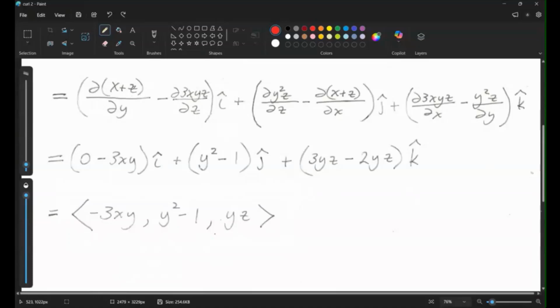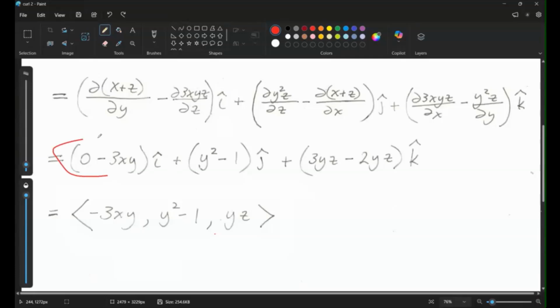So x plus z with respect to y is going to be 0. 3xyz with respect to z is 3xy. Y squared z with respect to z is y squared. X plus z with respect to x would be 1. 3xyz with respect to x would be 3yz. And y squared z with respect to y would be 2yz.